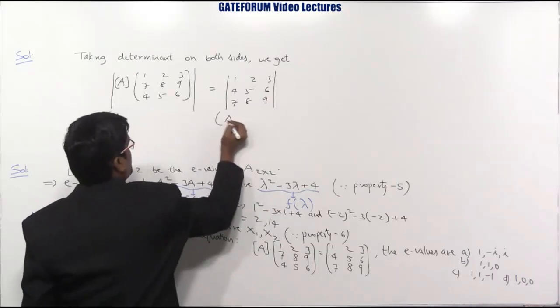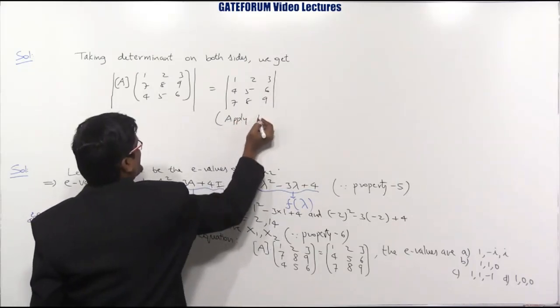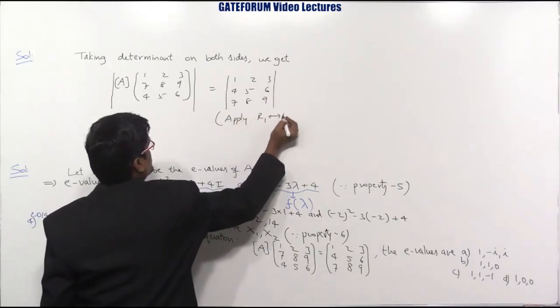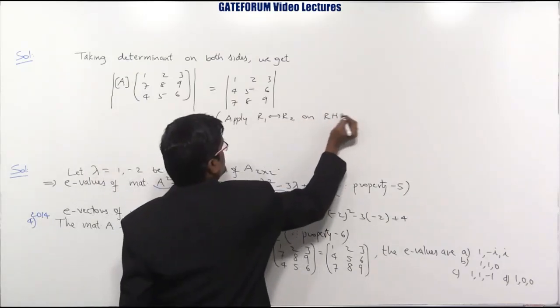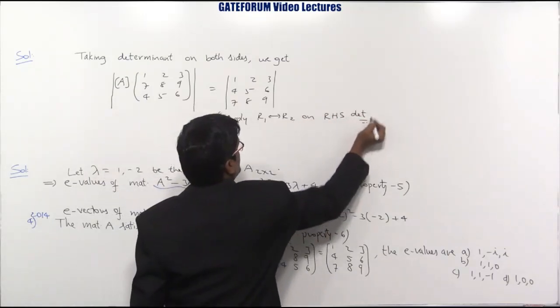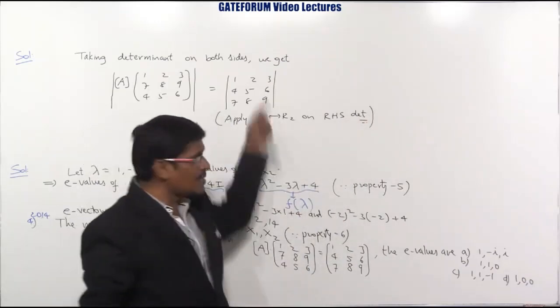So what I am doing is applying R1 interchange R2 on the RHS determinant. Det means determinant, RHS means right hand side.